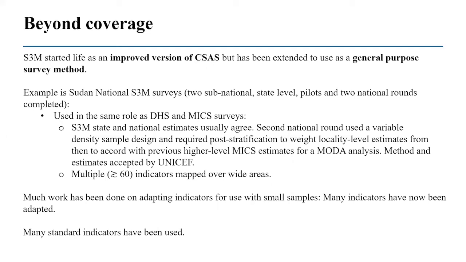What we did is we had to post-stratify, to weight by locality, in order to get agreement. But overall, you get a map, and if you do a bit of post-stratification, which is not terribly hard to do, you get the same results as you get with the large population samples.